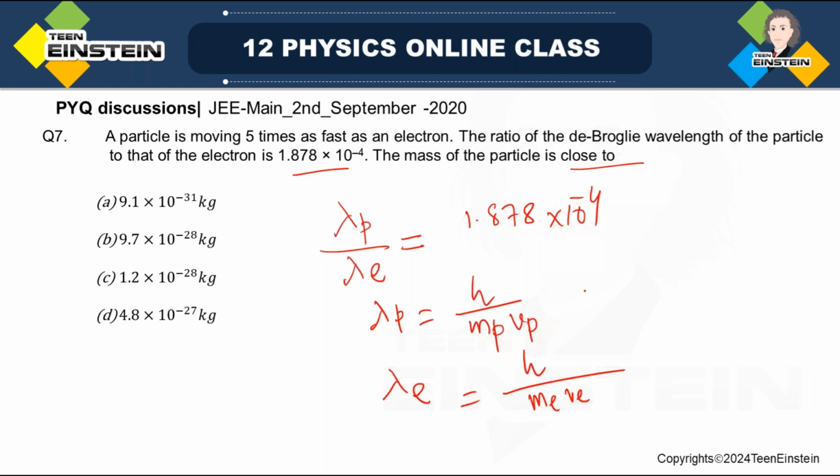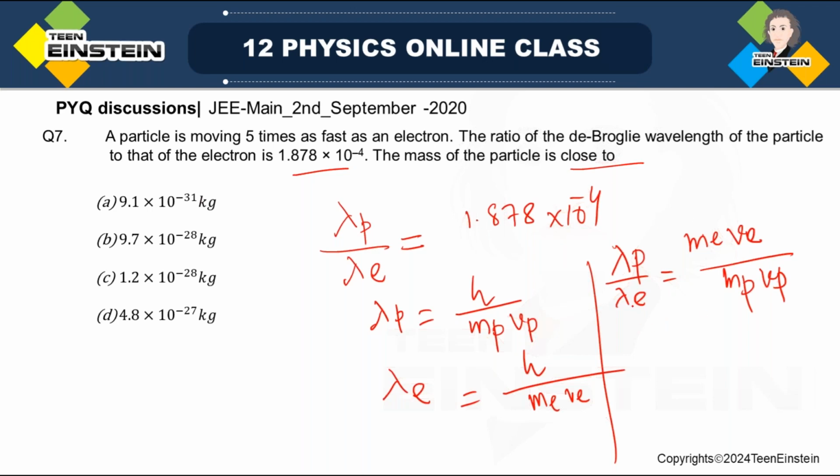So now if you take the ratio, this is equal to me ve divided by mp vp. So you have to find out the mass of the particle.